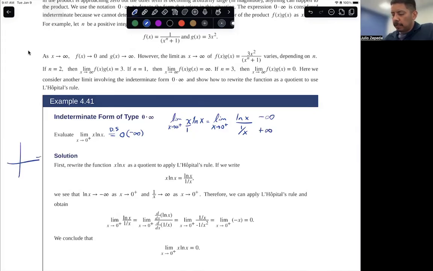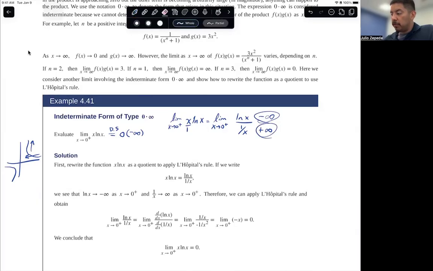We know what 1 over x looks like. We already went over that earlier. As we go to 0 from the right, this goes to positive infinity. And so we have an infinity over infinity situation, which allows us to use L'Hopital's rule. So we had to manipulate this expression to be able to evaluate the limit.